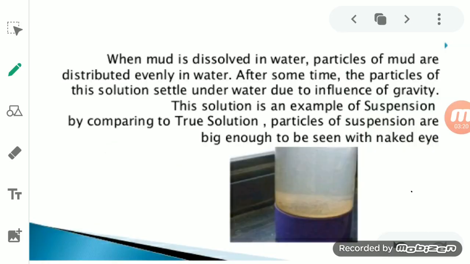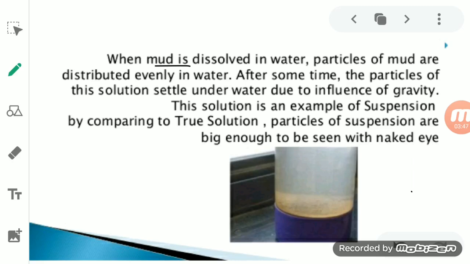Now we can understand the property of suspension with the help of this activity. Suppose you mix a chalk powder with water, or you can take an example of mud. When you mix mud in the water, the particles of the mud are distributed evenly in the water. It will remain distributed in the water properly.